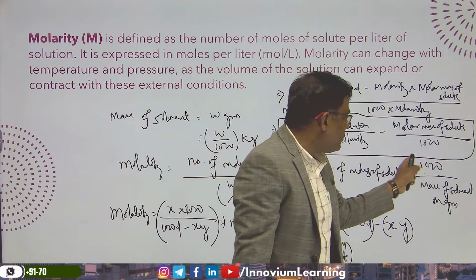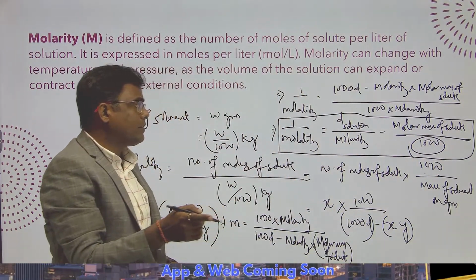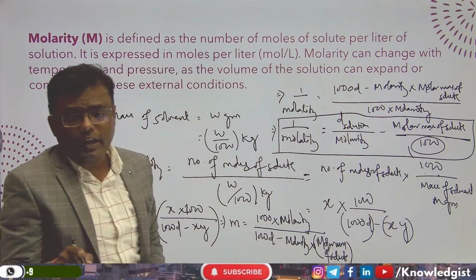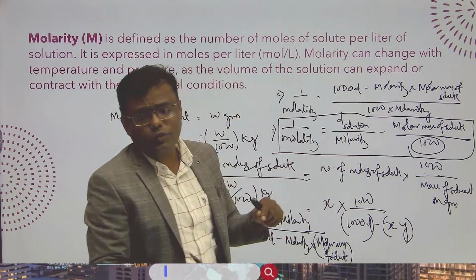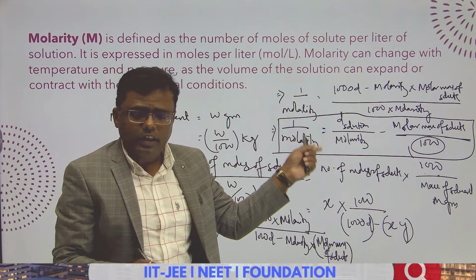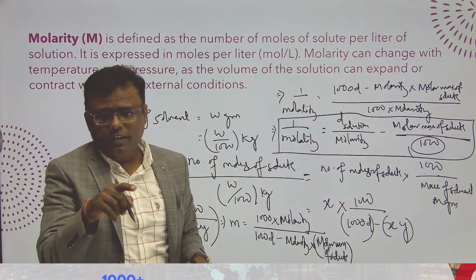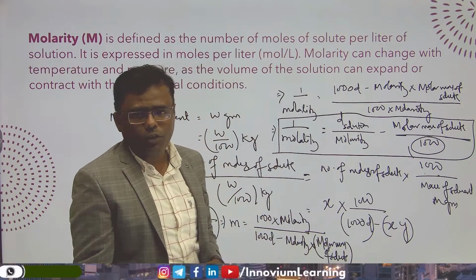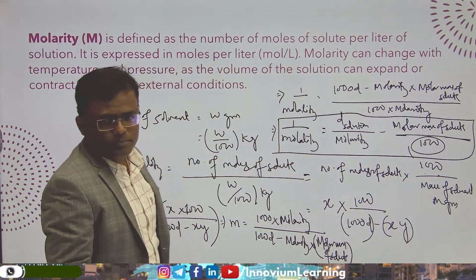This 1000 term will not come in that expression if we consider that molar mass of solute in kg, correct. And what will be that expression involving molality and molarity, taking the density into account if the molar mass of solute is in kg? That you all try. In the next class I will discuss. In fact, one hint I want to share with you, that this 1000 term will not come, correct.